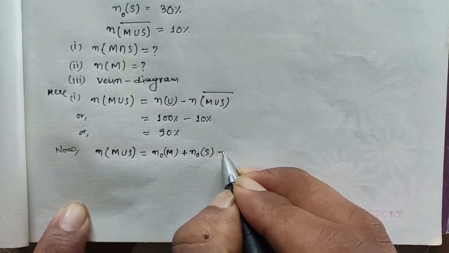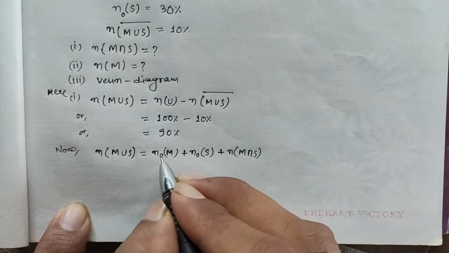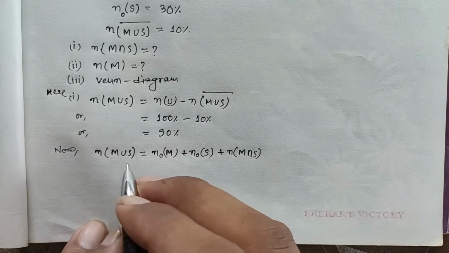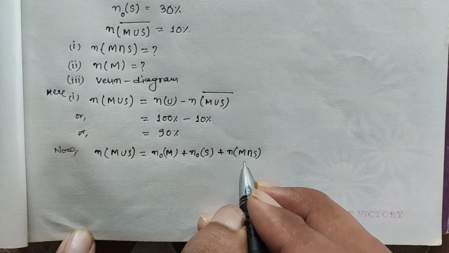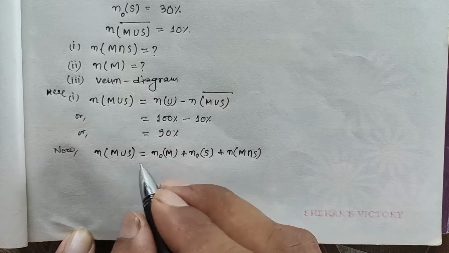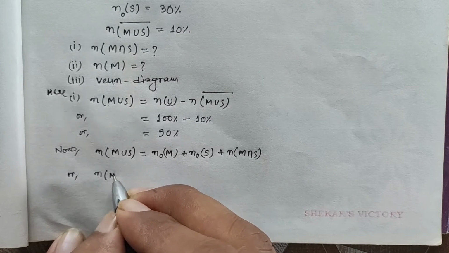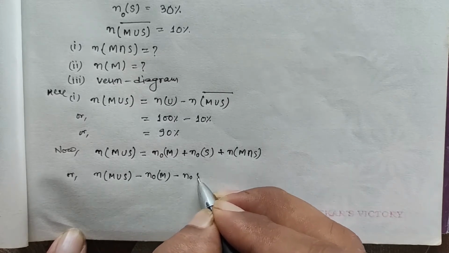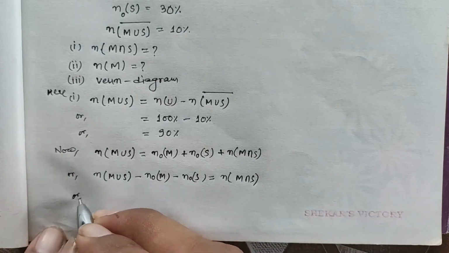Here B is S. So n(M union S) is n(only M) plus n(only S) plus n(M intersection S). From this we can get the value of the intersection. Taking these to the left side, it becomes n(M union S) minus n(only M) minus n(only S) equals n(M intersection S).